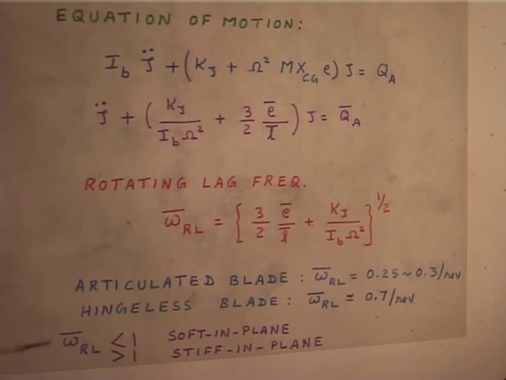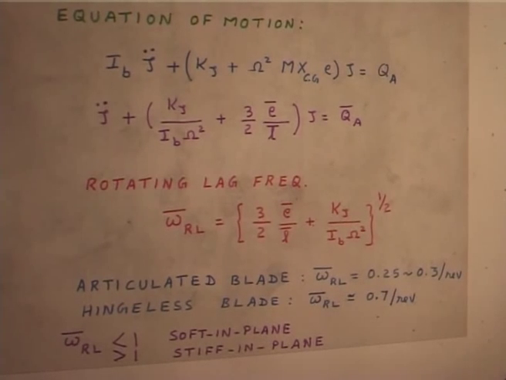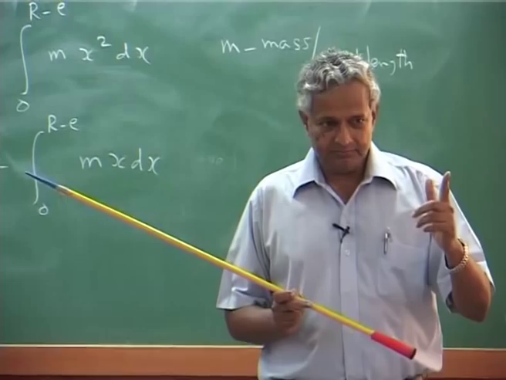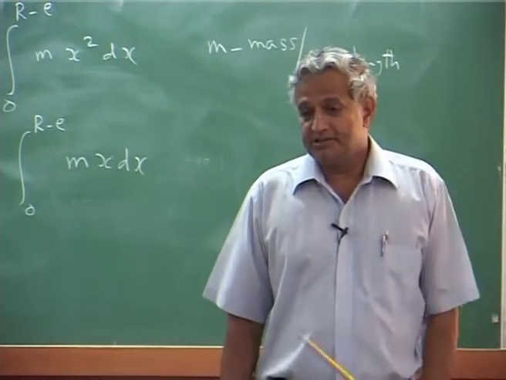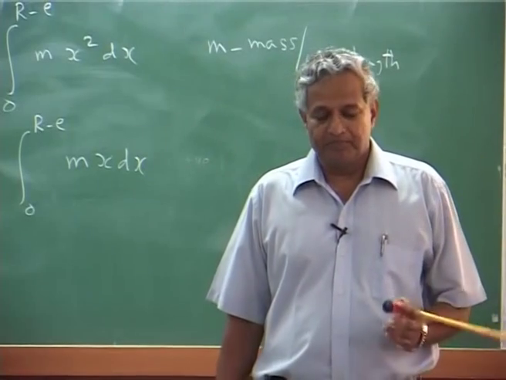Soft in plane, stiff in plane, and at the operating RPM. Suppose you operate at say like our blade, we operate at 1500 RPM, small one, a big rotor 300, 400, something like that. If your lead lag frequency is greater than 1, then it is called a stiff in plane blade. If it is less than 1, it is soft in plane.